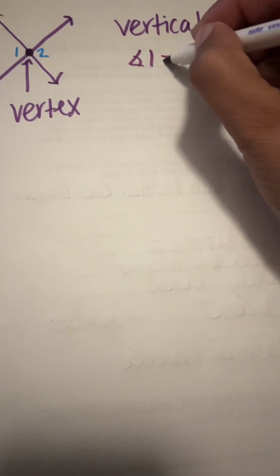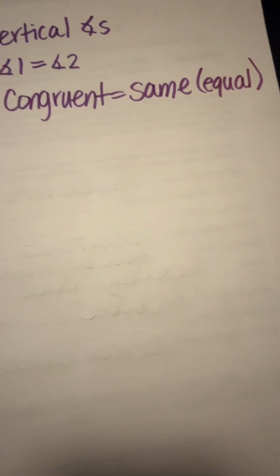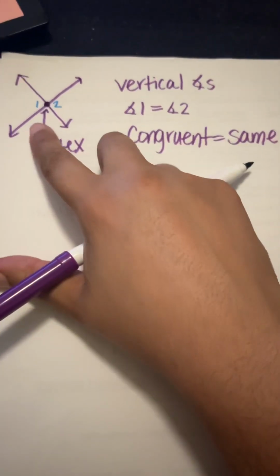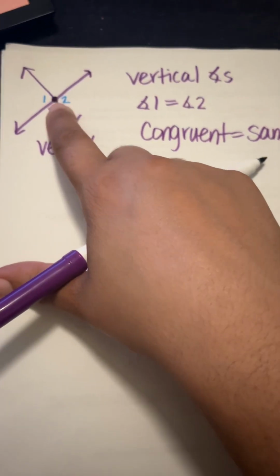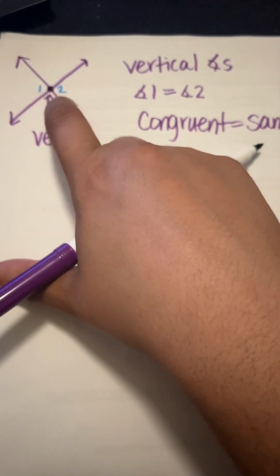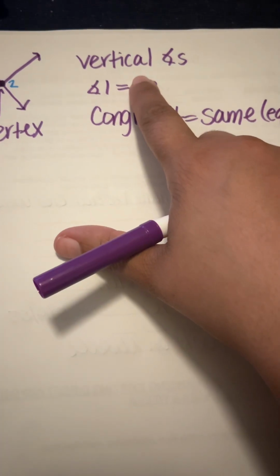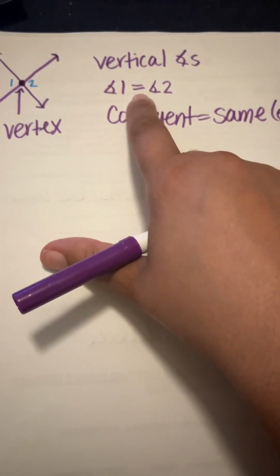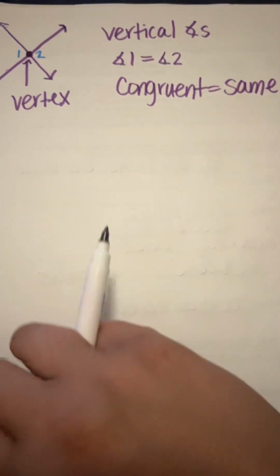What this means is not only are they opposite to one another, but they are congruent. Congruent is just a fancier word for same or equal. Angle 1 and angle 2 have to share a vertex, and they have to be opposite to be considered vertical. Angle 1 must be the same as angle 2.